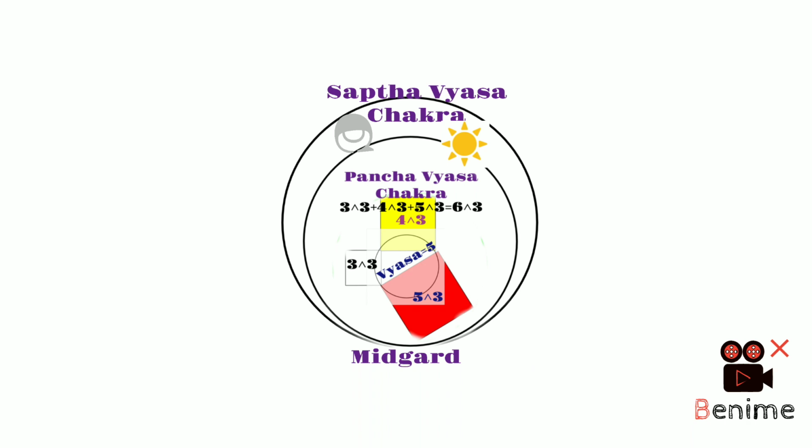I told you in the other video that planets are the Vyasa, they make the diameter. If you take a circle of 22 length, an arc of length 22, and drop 7 planets in it, then it will make a perfect circle, which is the Saptha Vyasa Chakra.